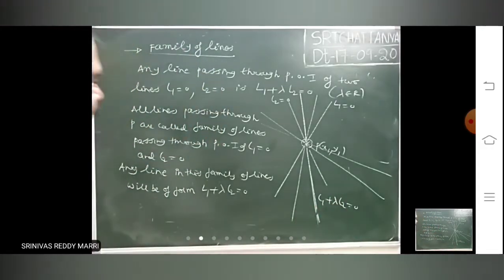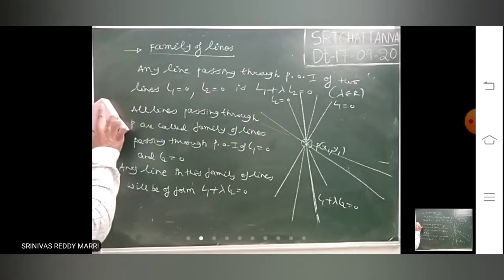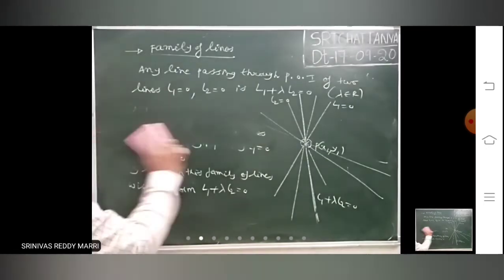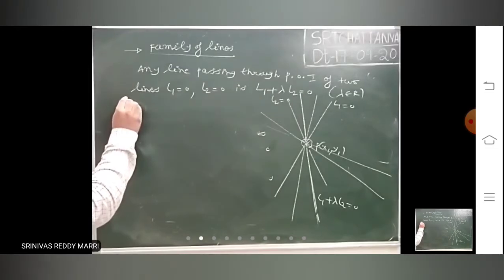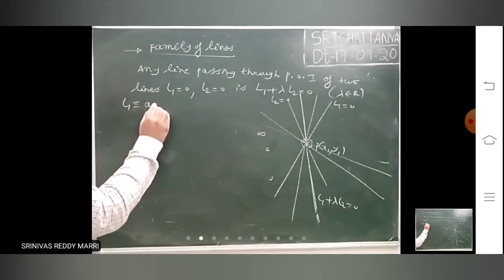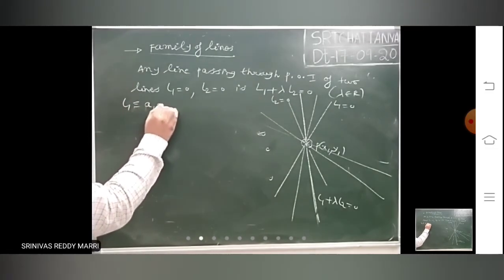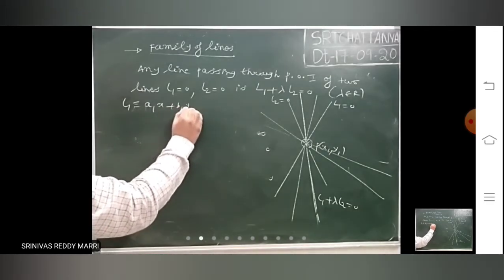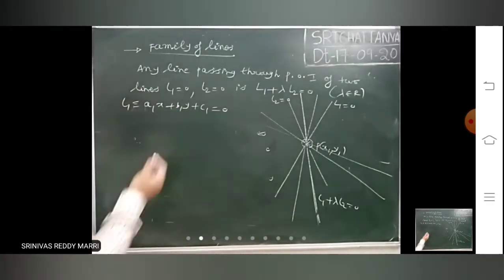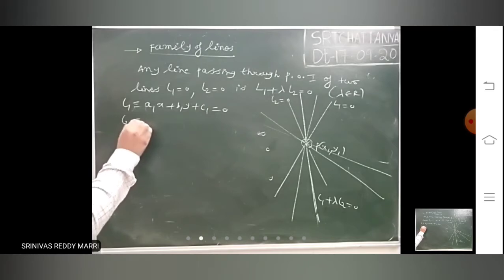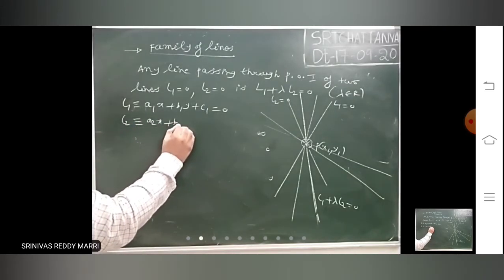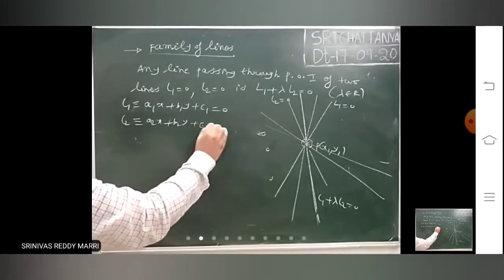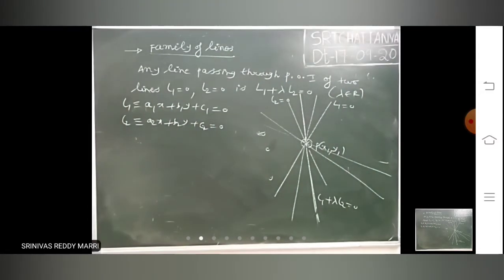So why it is in this form, look, I will tell you. Suppose take L1 as A1x plus B1y plus C1 equal to 0, and L2 as A2x plus B2y plus C2 equal to 0.